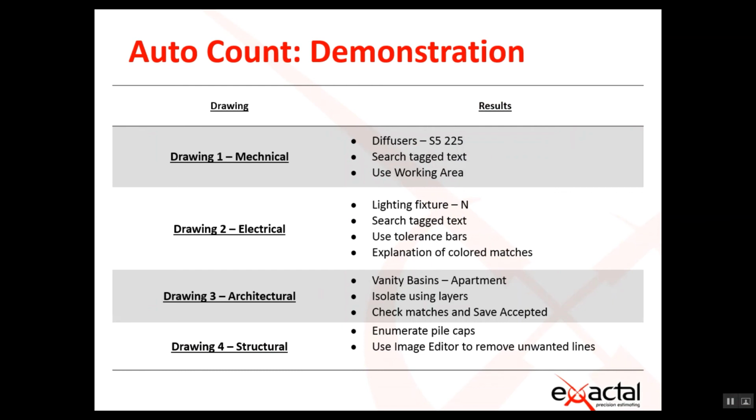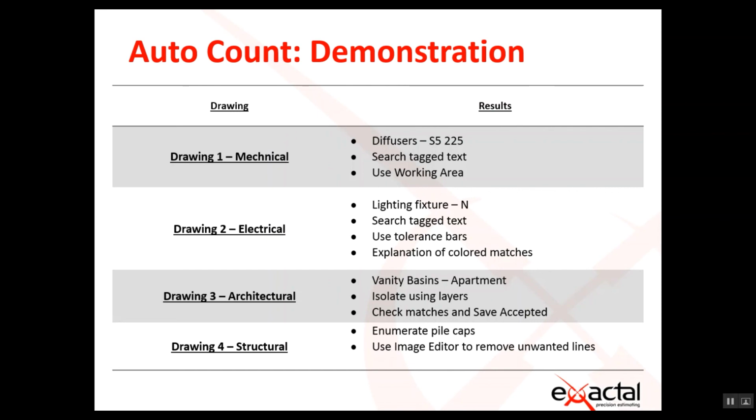Okay, so just back to this table here. Well, this outlines each drawing that I opened: mechanical, electrical, architectural and structural, and what I did in each of those drawings. So to help auto count and reduce the amount of geometry it has to look for, don't forget to use the working area and the layers.